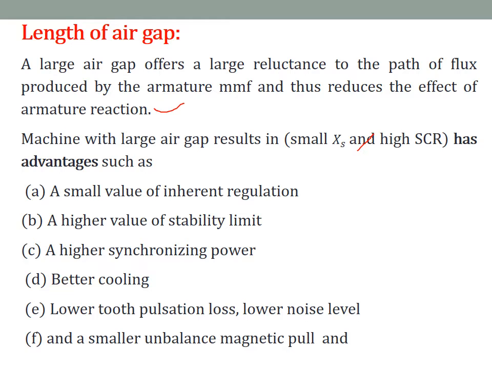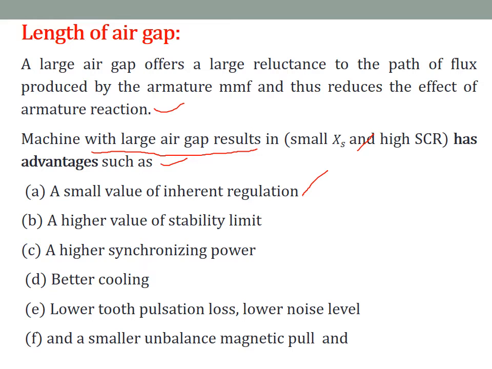has the following advantages. What are the advantages? Because excess is small, there is better voltage regulation, a small value of inherent voltage regulation. Voltage regulation should be minimum, it should be small. Then only it is called better regulation.